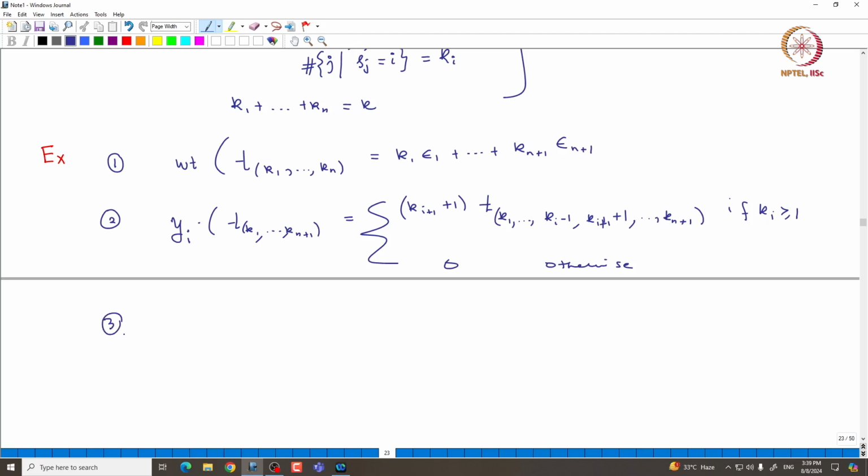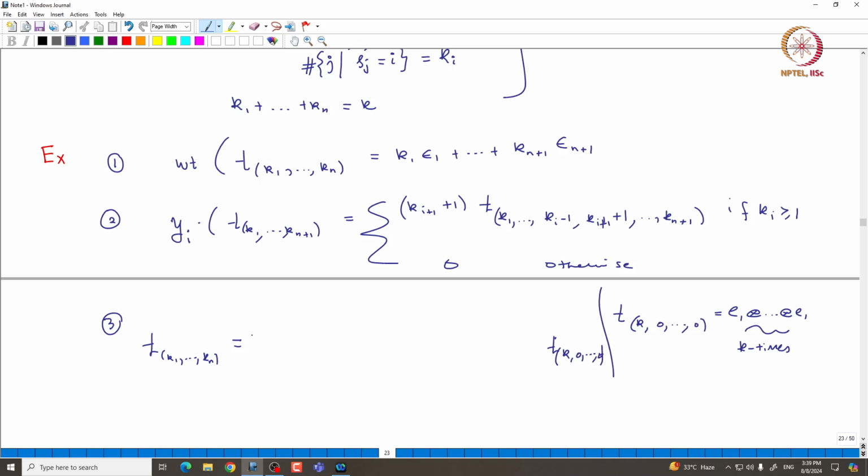Now, using this you can get T(k_1, etc., k_{n+1}) starting with this e_1 tensor etc. tensor e_1. Note that T(k, 0, etc., 0) is nothing but e_1 tensor etc. tensor e_1, which appears k times. Now, using this you can easily say that T(k_1, etc., k_{n+1}) is obtained by taking this T(k, 0, etc., 0) and repeatedly applying some y powers.